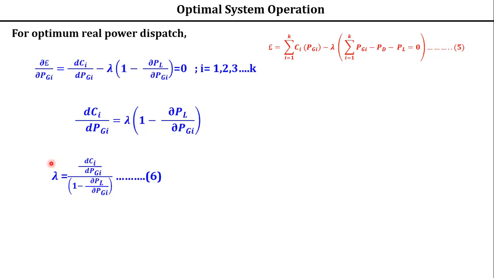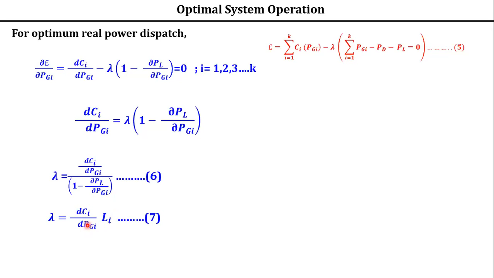Is it clear? Now this one we got. From this one, I am going to write lambda is equal to dCi/dPGi multiplied with Li, just some multiplication factor I have taken here. Equation 6 can also be represented as lambda is equal to dCi/dPGi into Li.